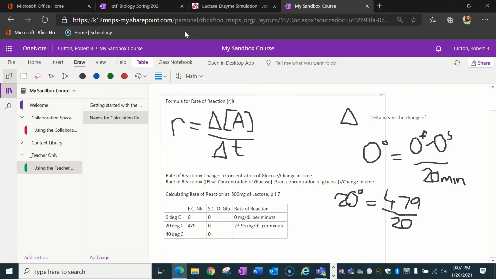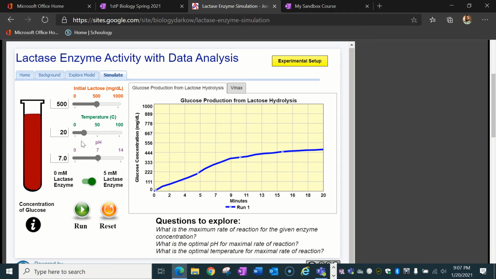All right, and let's do the same for 40. We're going to hit reset. And actually, guys, if you want to, you can even play around with it, and it will show you the different runs. We'll run that for 0, we'll run it for 20, and then we can also run it for 40. All right, so here we go.